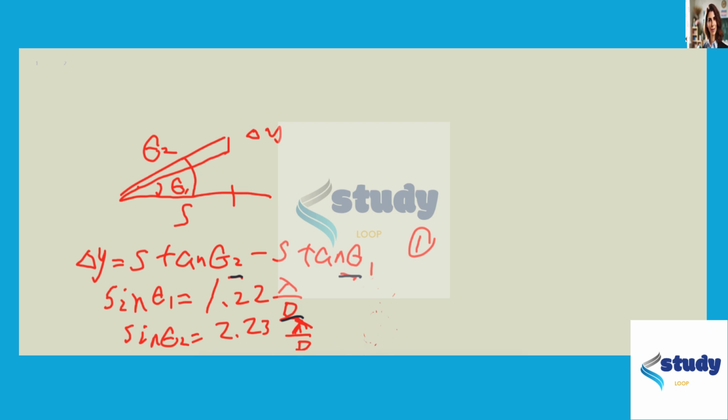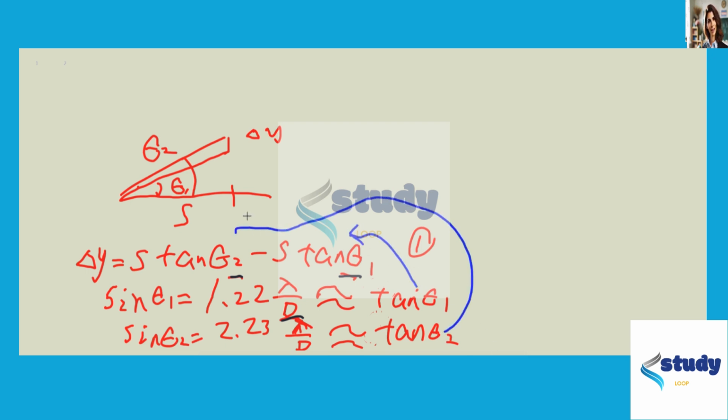So sine theta 1 is approximately equal to tangent theta 1, and similarly sine theta 2 is approximately equal to tangent theta 2. So we just plug in tangent theta 1 and tangent theta 2 here.